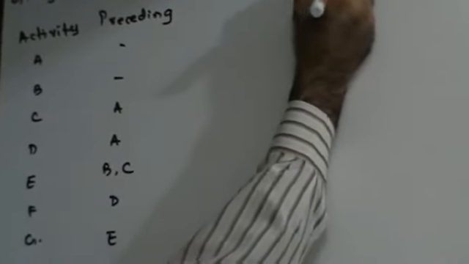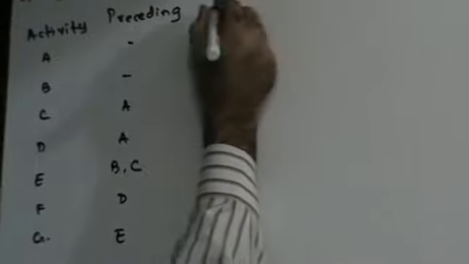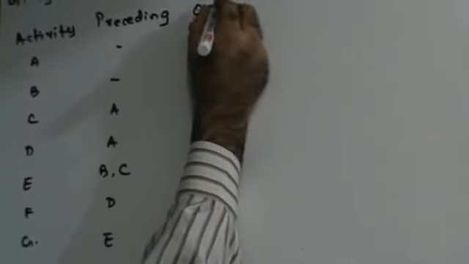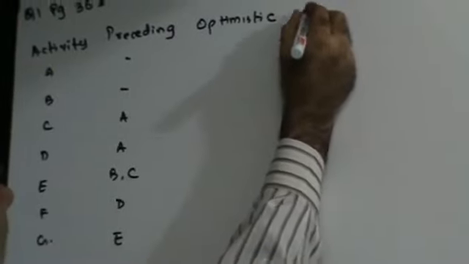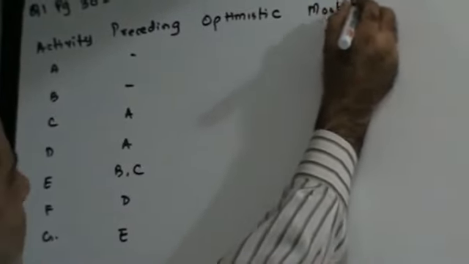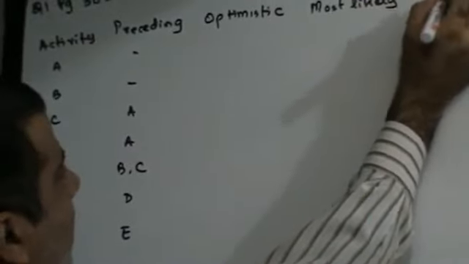Here they've given you 3 different types of time in days. They've given you the optimistic time, most likely time and pessimistic time.